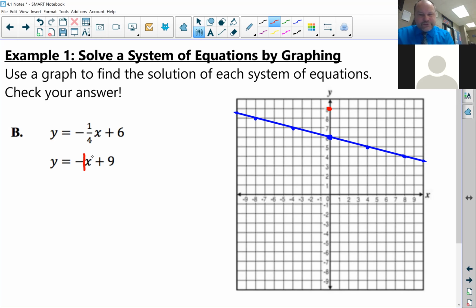So for rise over run, anytime I don't have a fraction, my bottom number is going to be 1. So this is down 1, right 1, as many times as I want to graph it.